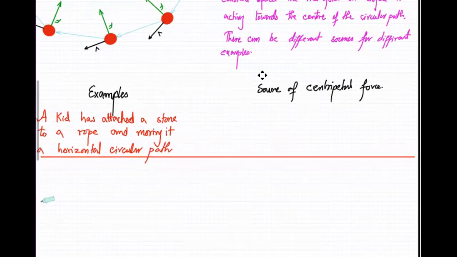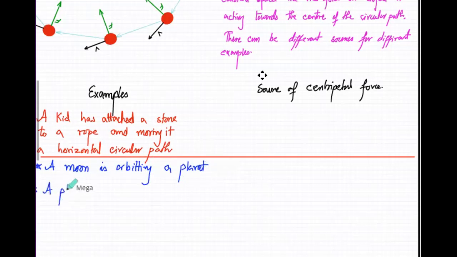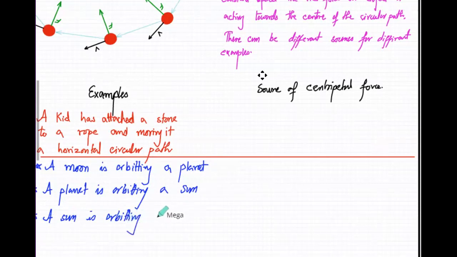Now, second, a moon is orbiting a planet, or a planet is orbiting the sun, or the sun is orbiting the center of a galaxy.